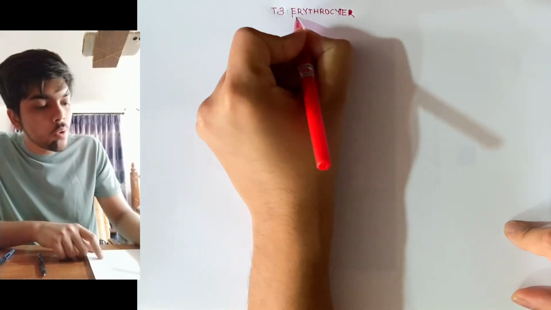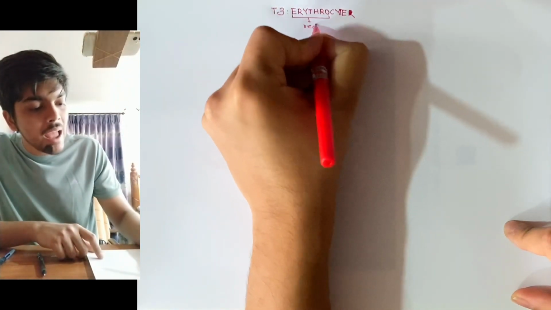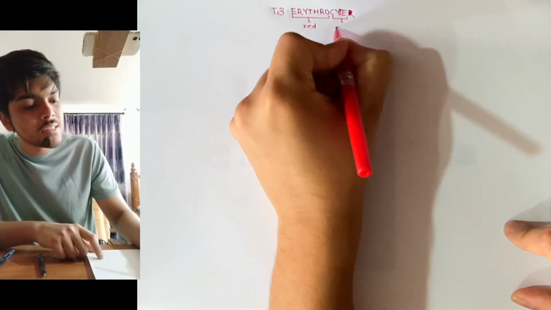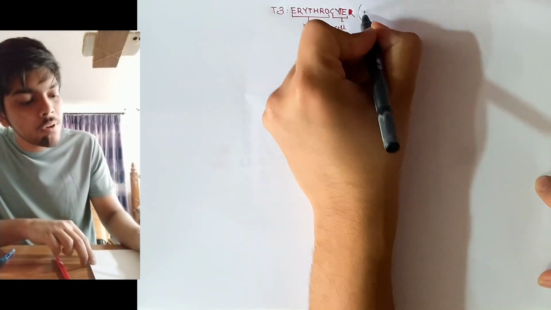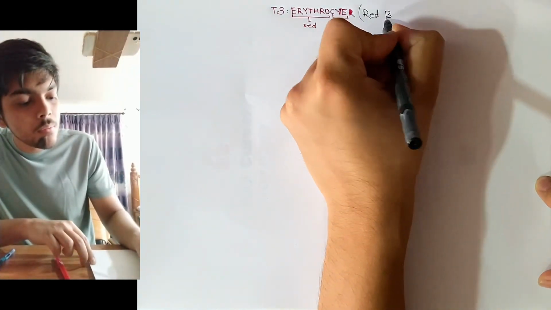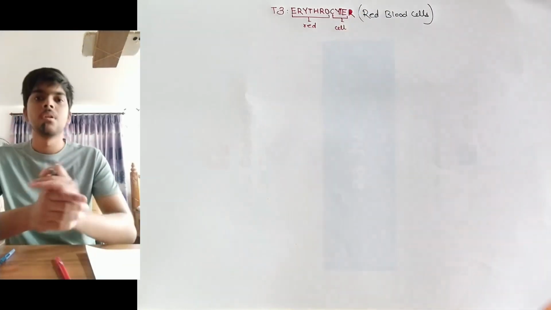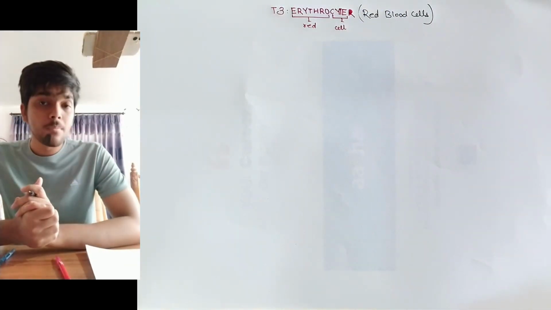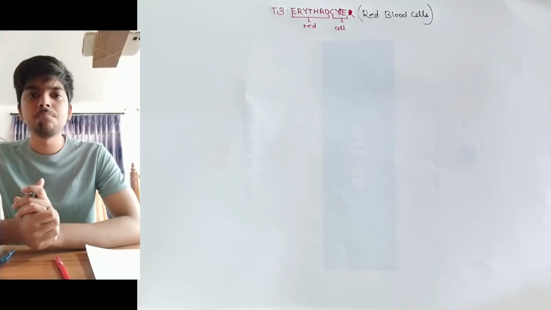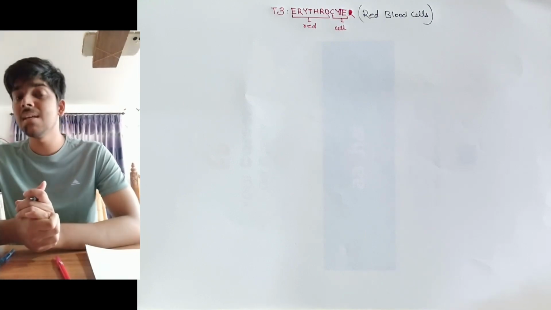Erythrocyte. Erythro meaning red and cyte meaning cell. So erythrocyte is the other name which has been given for red blood cells. Under the topic of red blood cell, we're going to see various properties, formation, this and that.